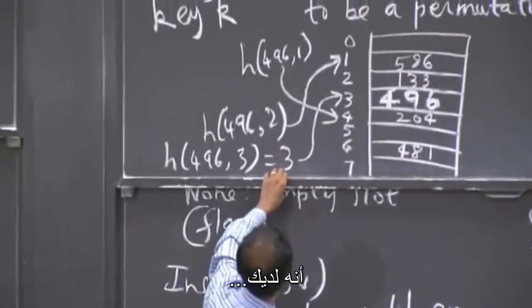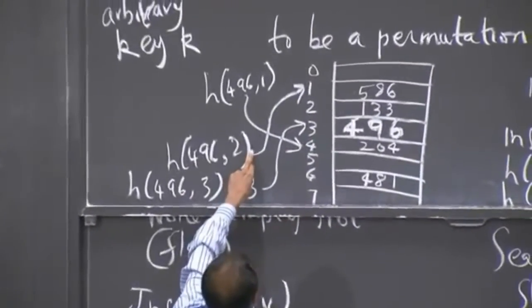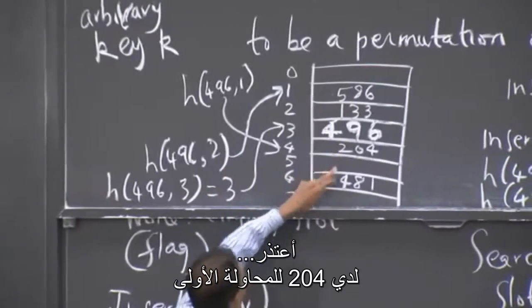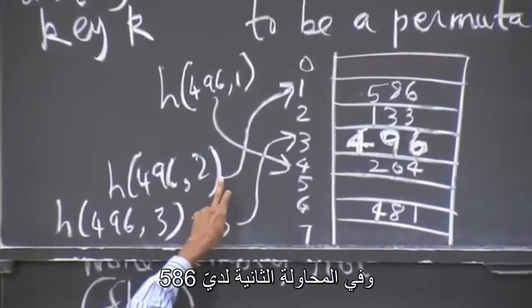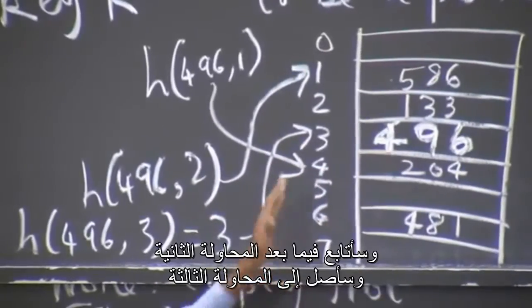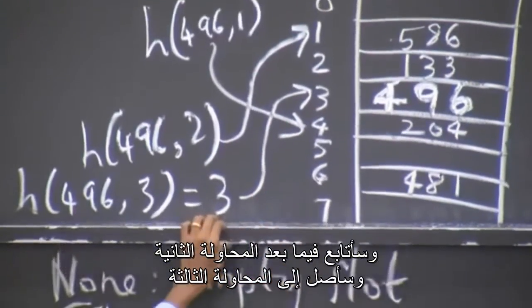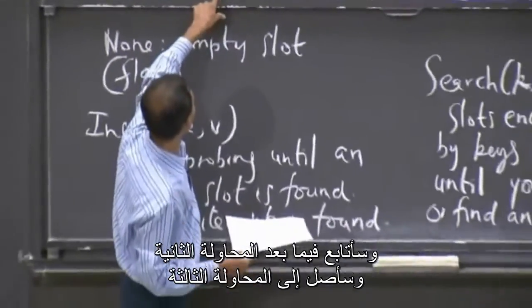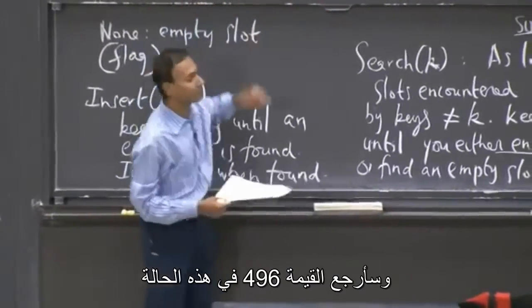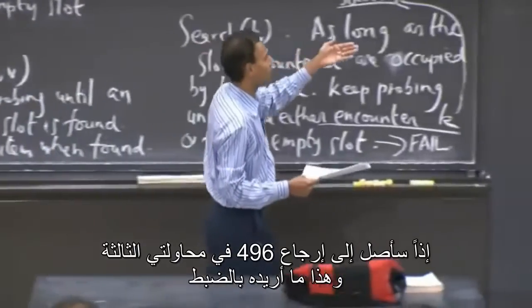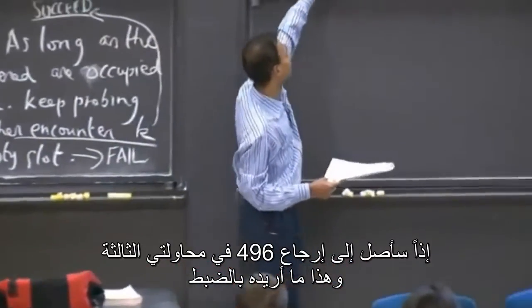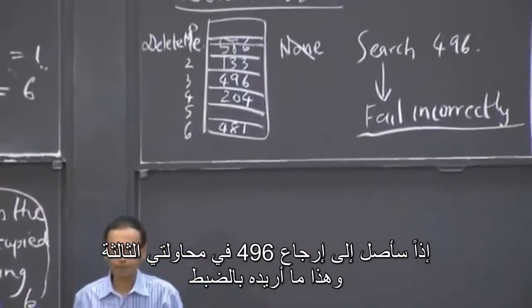Oh, I'm sorry, I had 204 first as the first trial, and then in the second trial, I had 586, and I would continue beyond the second trial and get to the third trial, and in fact return 496 in my third trial, which is exactly what I want.